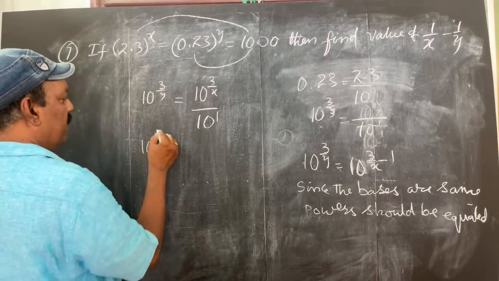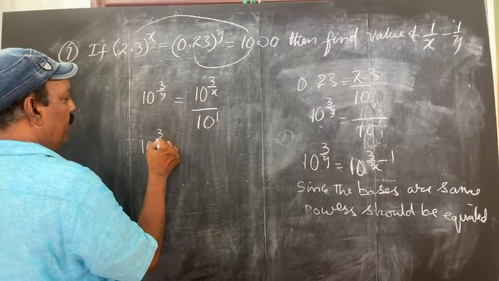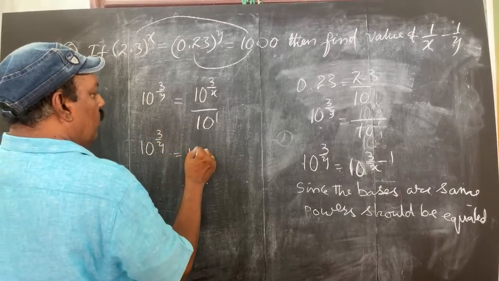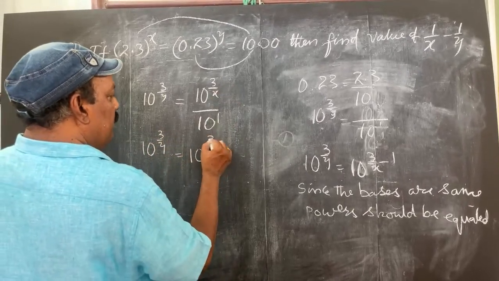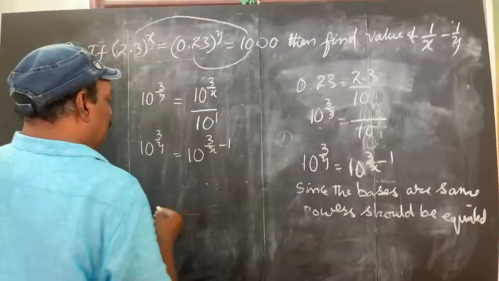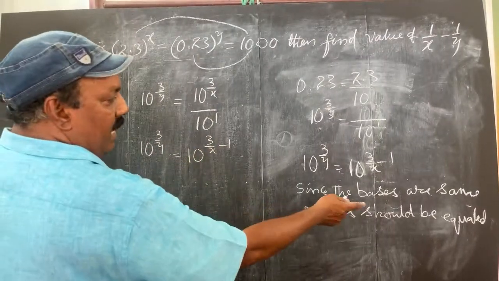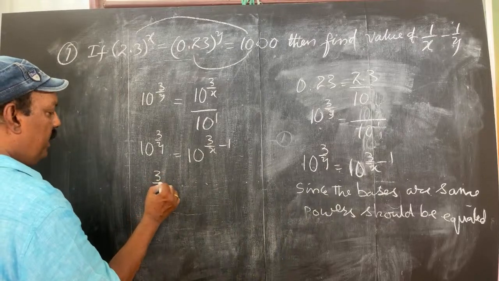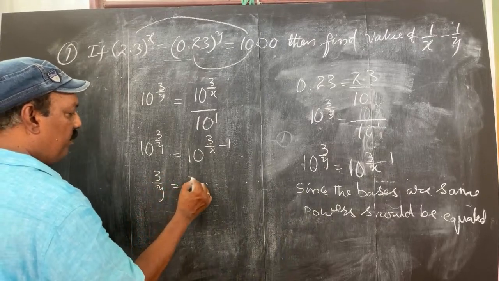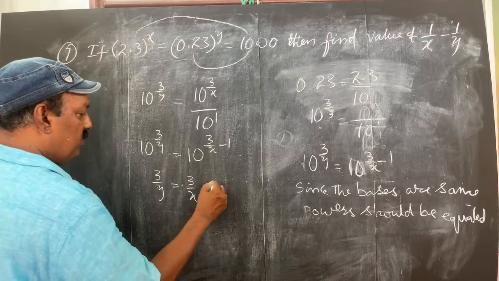Now 3 by y is equal to, sending this one up, 3 by x minus 1. Since the bases are the same, powers should be equated, I told you. Now 3 by y is equal to 3 by x minus 1.